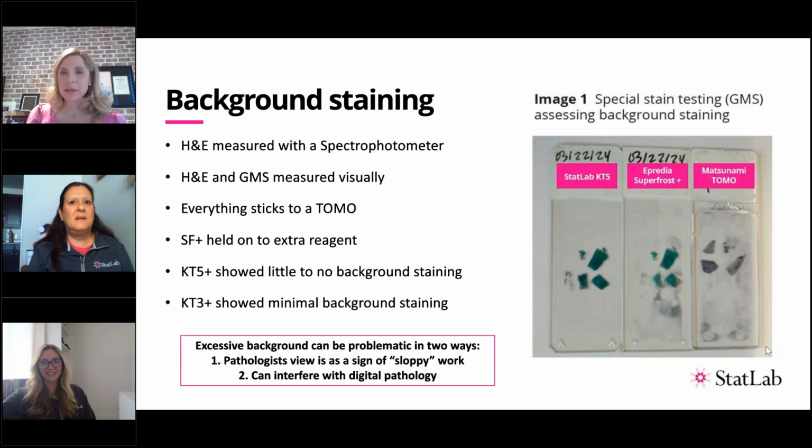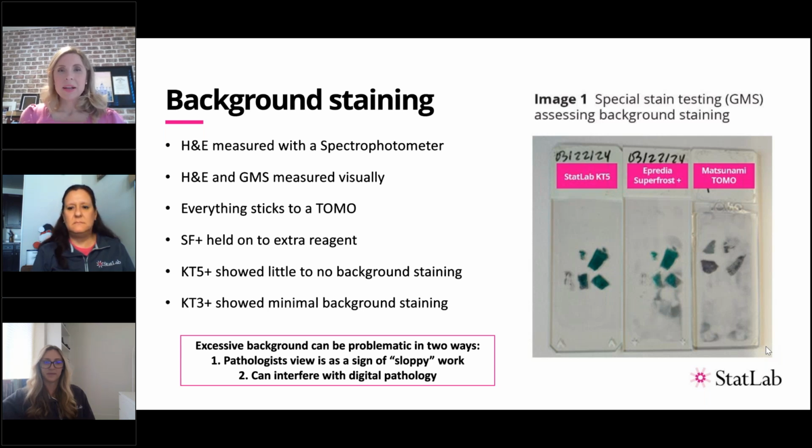You can see that the StatLab KT5 Plus has vibrant staining and no excess silver stain. That's a GMS. One of the common offenders with background staining in silvers is the GMS stain. In the middle is the Adhesion Superfrost Plus. The tissue is stained, but there is a little bit of extra silver left behind. Excessive background staining can be problematic in a couple of ways.